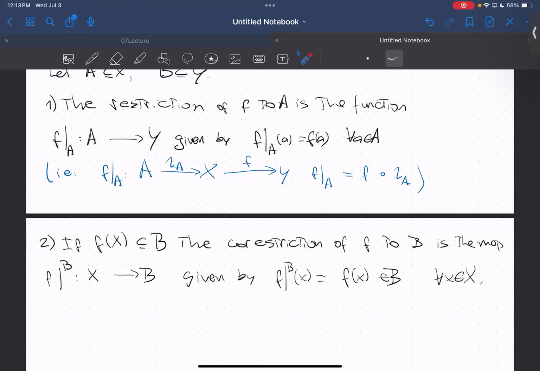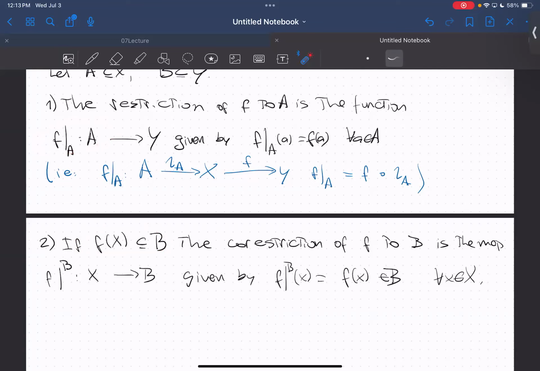Very different. In one case, I'm changing the domain. On the other one, I'm changing the codomain. Oh, okay, I get it. One, you're only applying a function to values in A. The other one, you're only applying the function to things that land in B. No, I'm assuming everything lands in B. So in the first case, I'm reducing the domain.